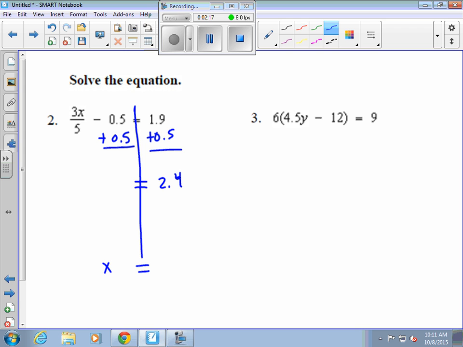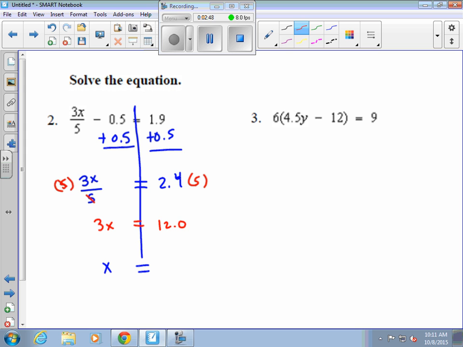2.4 is equal to 3x over 5. Now this says 3 times x divided by 5 is equal to 2.4. Undo divide by 5 by multiplying by 5. If you multiply to the left, do the same thing on the right. This will cancel and leave you with 3x is equal to 5 times 2.4, which is 12.0.